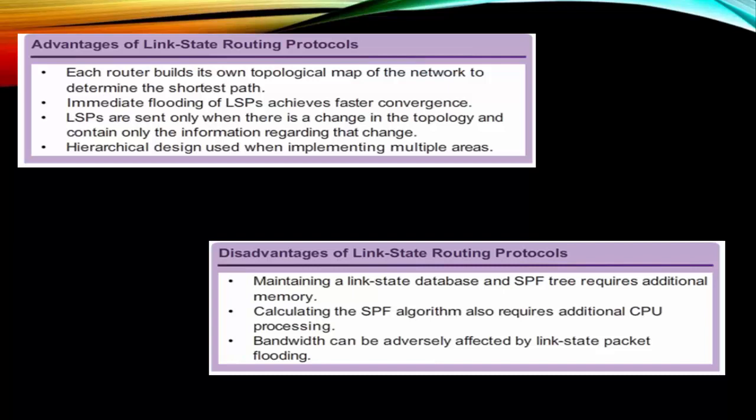By immediately flooding the link state packets, it achieves faster convergence. And if there is a change in the topology, only the change is sent, so each router updates its database and computes a new SPF tree and determines a better route.